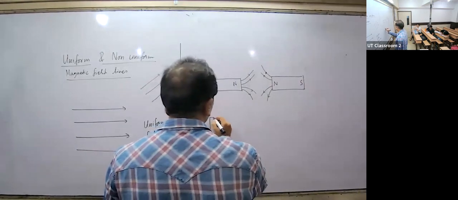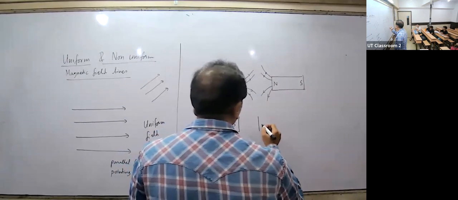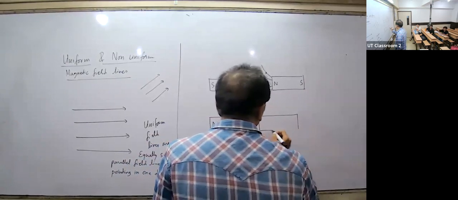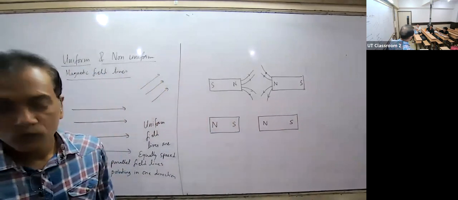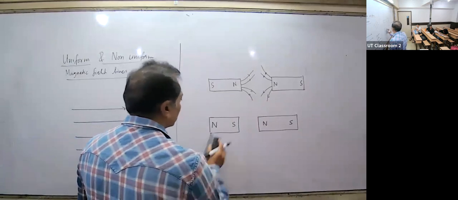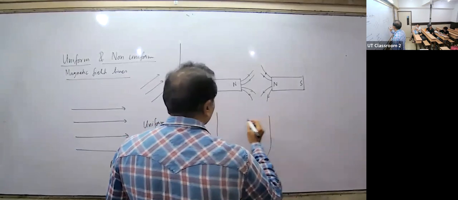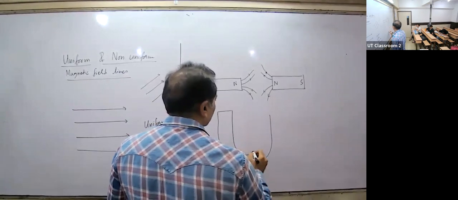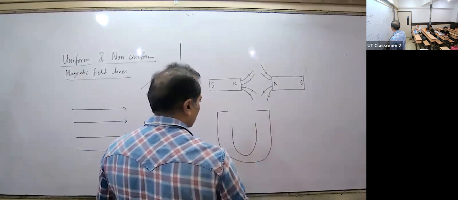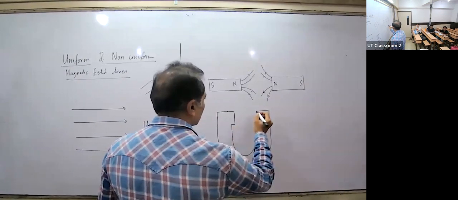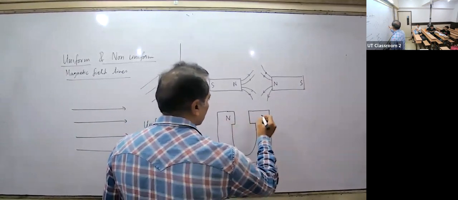What when unlike poles are facing? How will the field line be? Let's say this is south and this is north. Now what will happen? So let's say this is north and this is south.